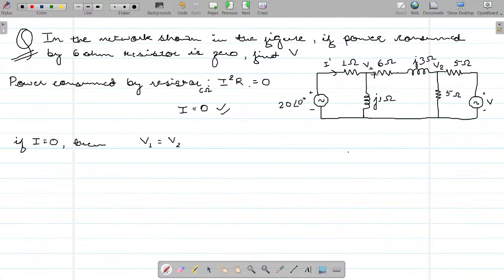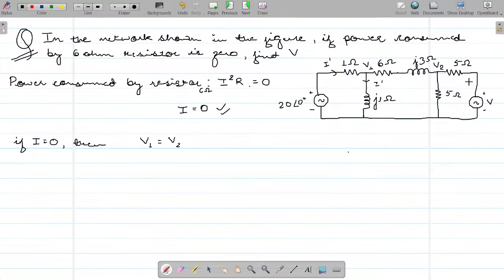There are two branches here. There is no current flowing in this branch, so all the I dash will divert in this direction. So this is the only way for the current to flow for this source.